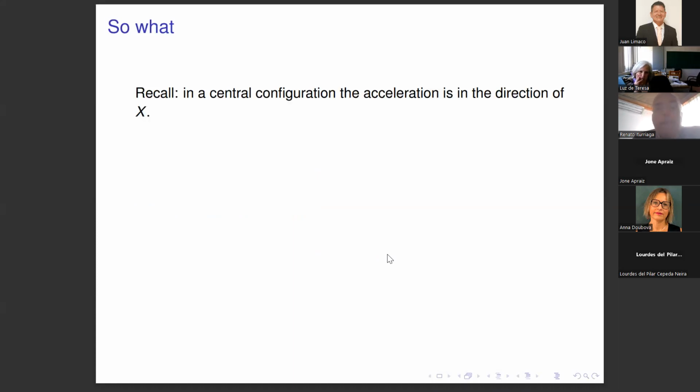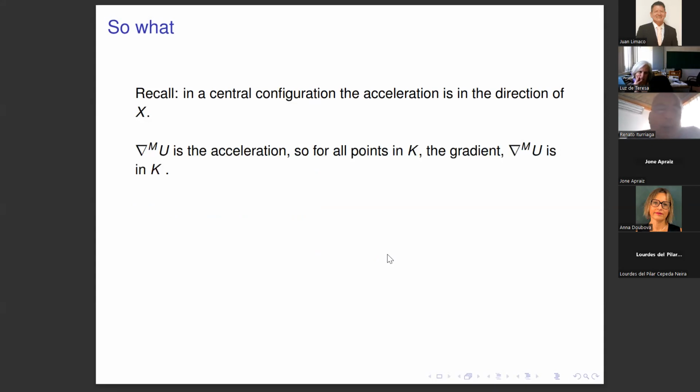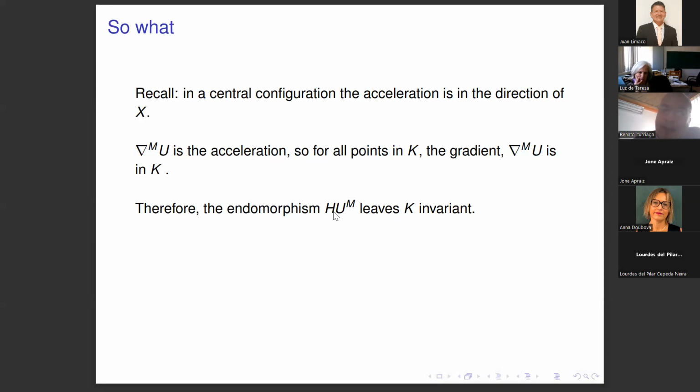The point is that in a central configuration, the acceleration is in the direction of x. So the gradient with respect to the weight metric is the acceleration. So for all points in K, the gradient is also in K. And that means that the endomorphism of the Hessian with respect to metric M leaves K invariant.